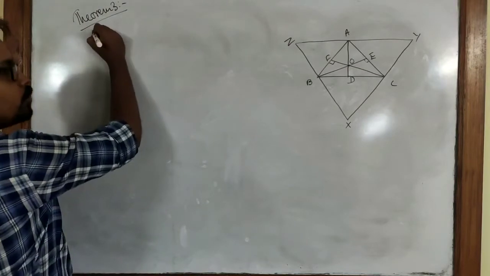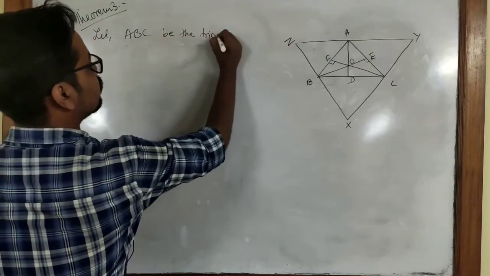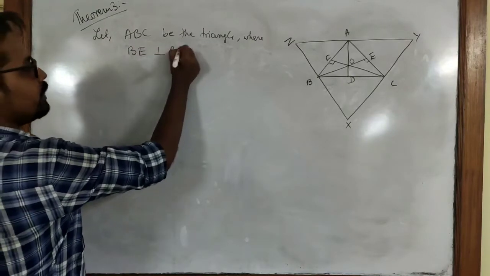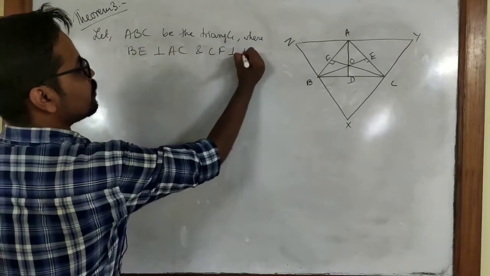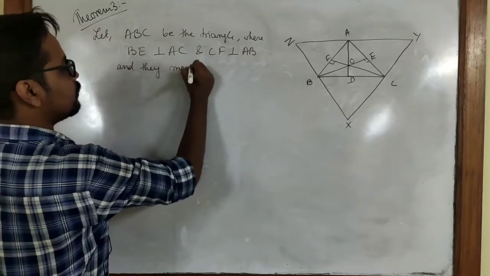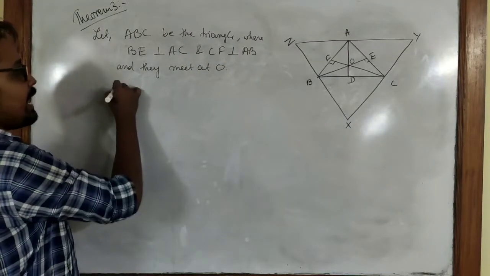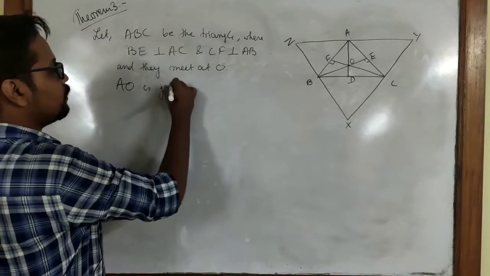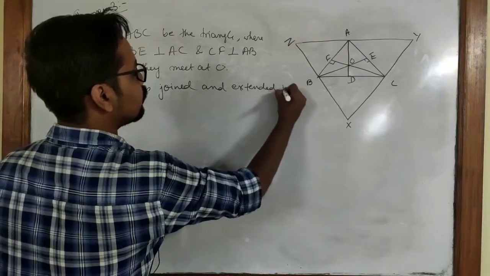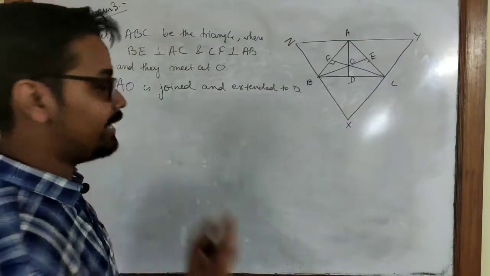When you prove it, you are going to assume: let ABC be the triangle where BE is perpendicular to AC and CF is perpendicular to AB, and they meet at O. AO is joined and extended to D. AD is not a perpendicular; we have not considered it yet.